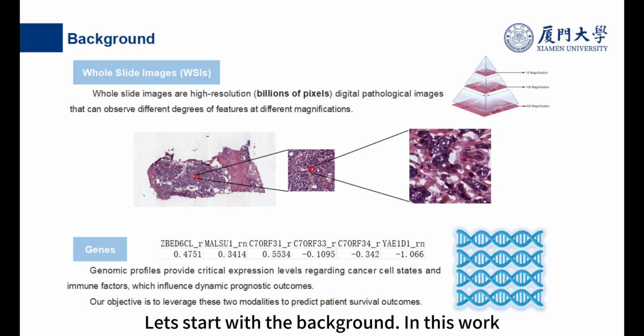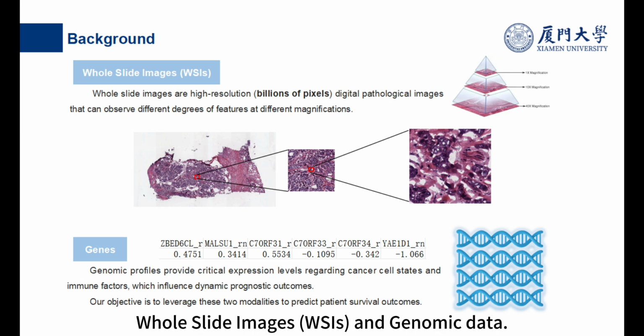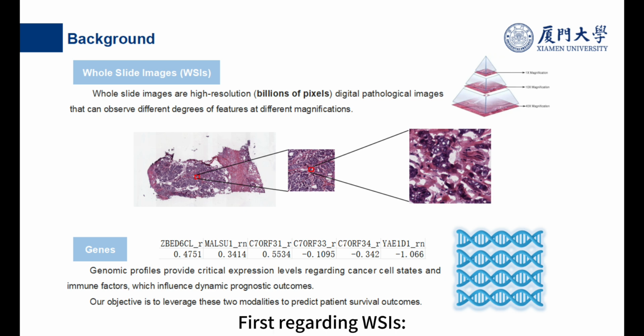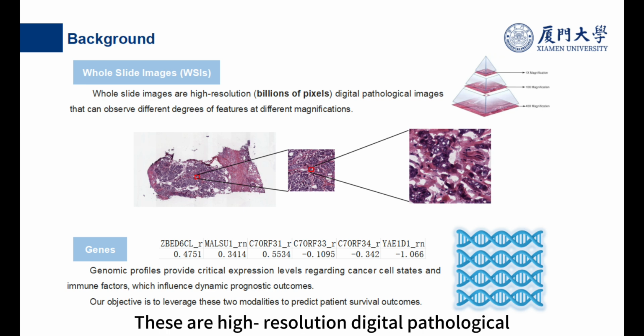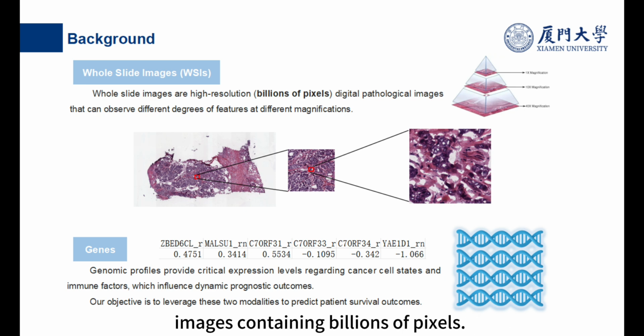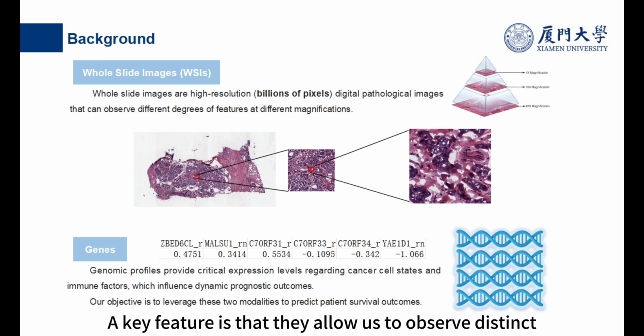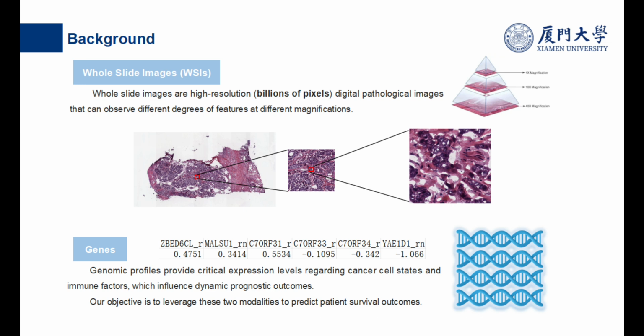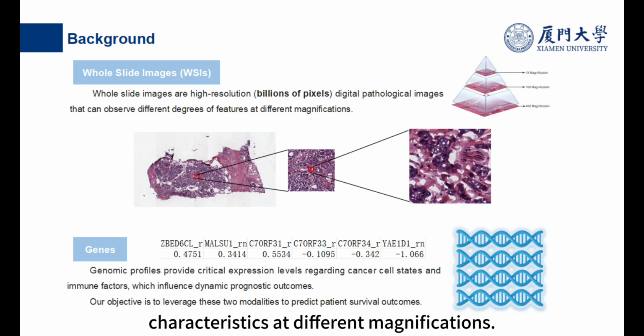In this work, we utilize two specific modalities: whole slide images (WSIs) and genomic data. First, regarding WSIs. These are high-resolution digital pathological images containing billions of pixels. A key feature is that they allow us to observe distinct characteristics at different magnifications.